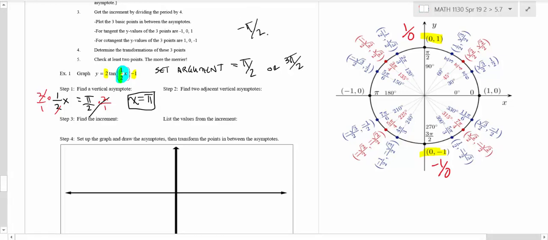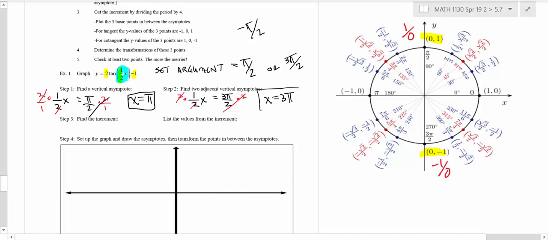You just set it equal to any place where the tangent's undefined. All right, so I'm going to take that same argument, 1/2 x. Now I'm going to set that equal to 3 pi over 2 and do the same thing. Multiply both sides by 2. So you'll end up getting x equals 3 pi.